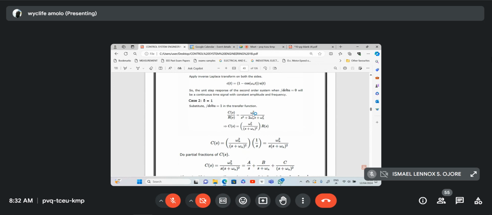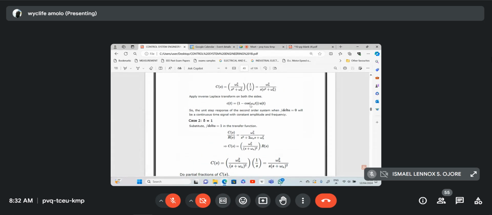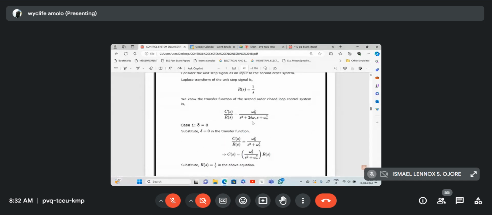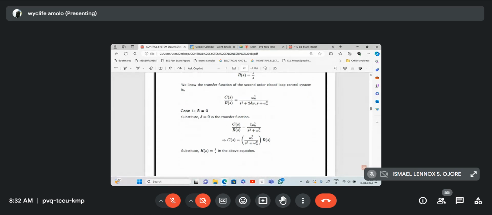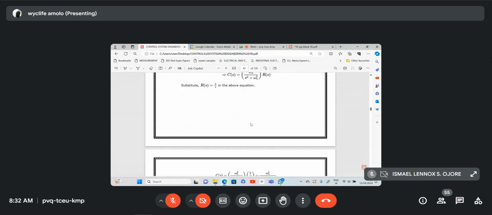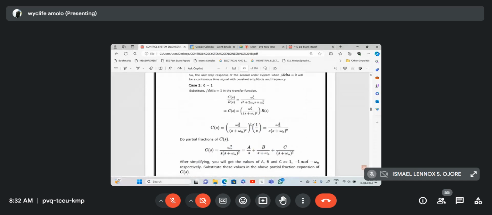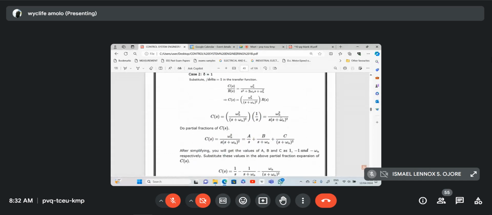we shall, 1 will be here. This one, the middle section will be 2 omega n s, the natural frequency multiplied by 2. And when there's a step response, you'll get this.